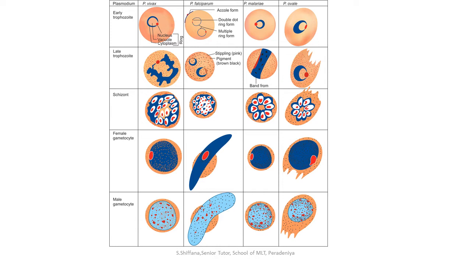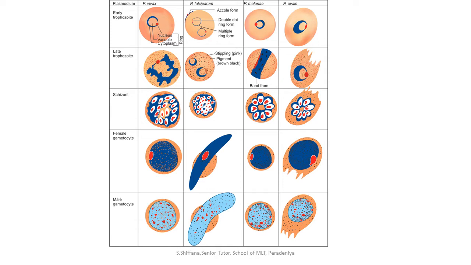Then this trophozoite converts into a schizont, and here nuclear division occurs, meaning the number of nuclei increases. The number of nuclei varies from species to species. Here we call it the schizont, and inside the schizont we can see the merozoites.